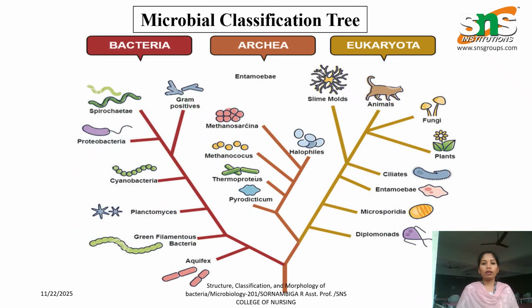And the microbial classification tree. In the classification tree it is very easy to understand the bacterial category, archaea category and eukaryote category. In the bacteria category, we saw spirochetes, proteobacteria, cyanobacteria, Planctomyces, Aquificae and some other things, which we can see from this slide.